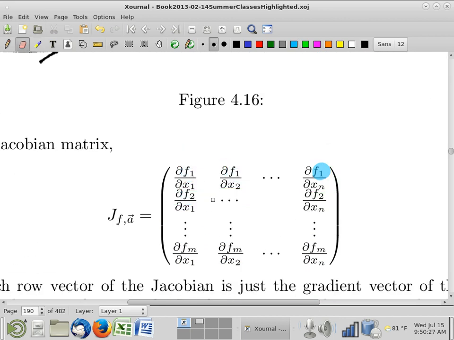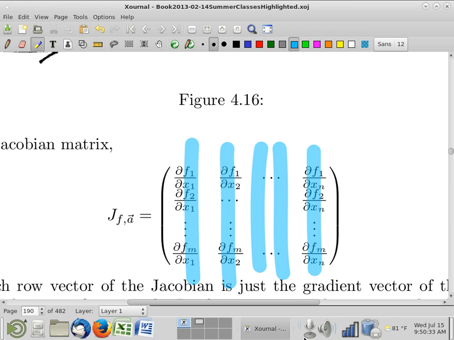What we talked about last time is you can think of the Jacobian as its columns corresponding to the partials with respect to the different input variables.